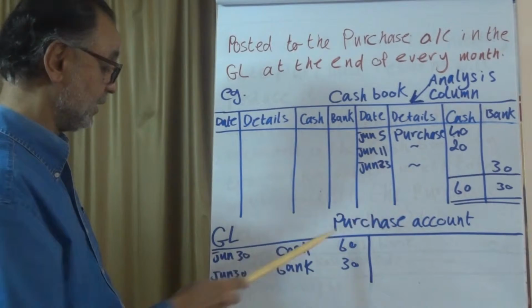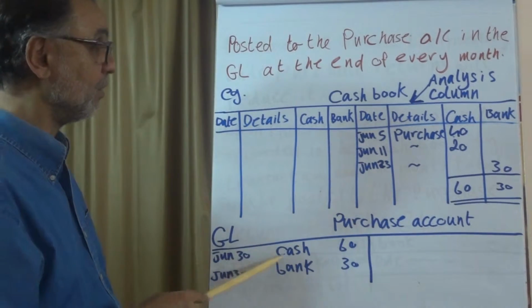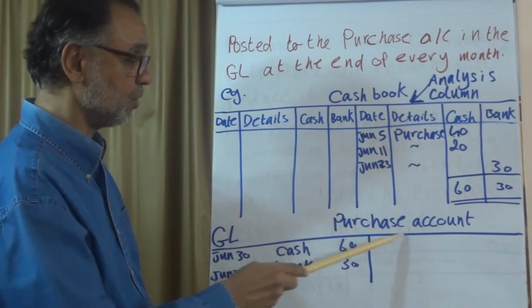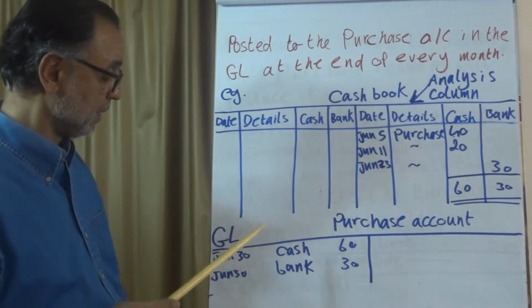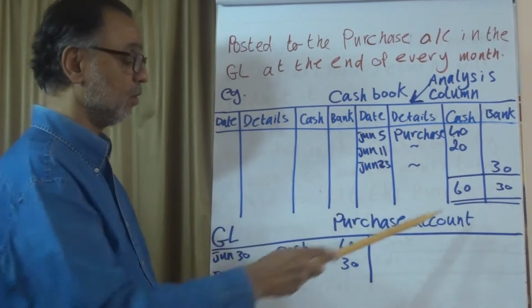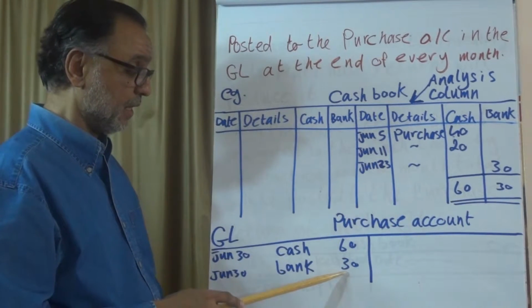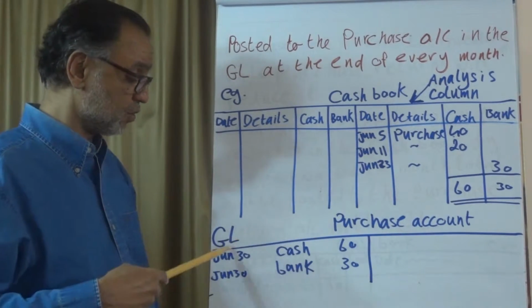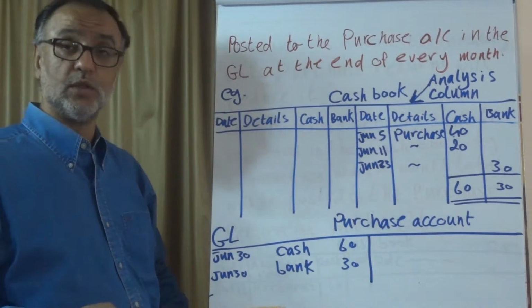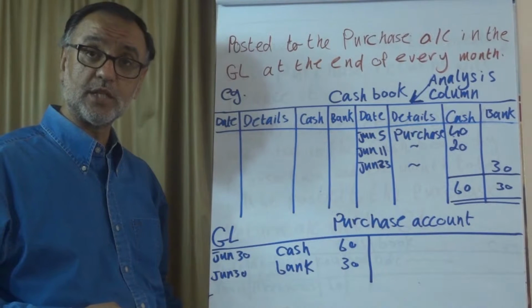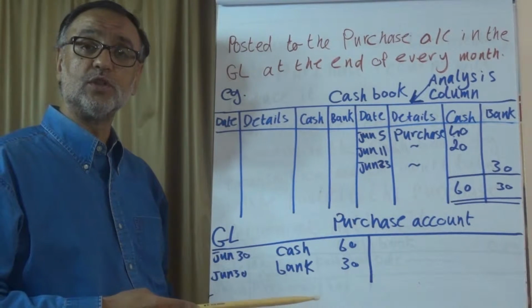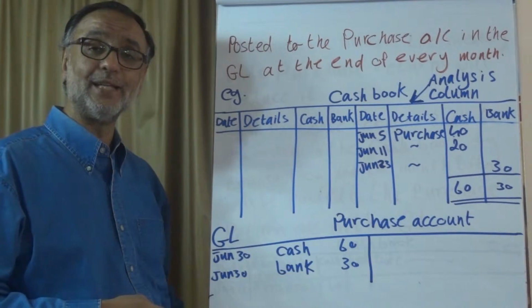Here in the purchase account, at the end of the month, June 30, we have the total of cash purchases entered to the purchase account in the general ledger. Then we have $30 of cash purchases from the bank entered to the purchase account in the general ledger. So cash purchases are entered to the general ledger purchase account at the end of the month.